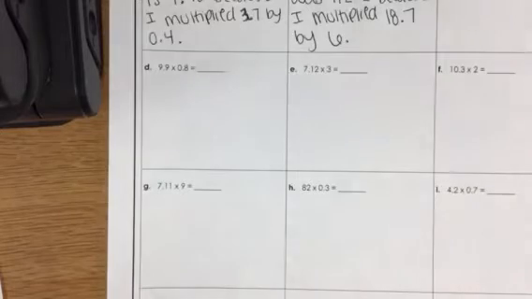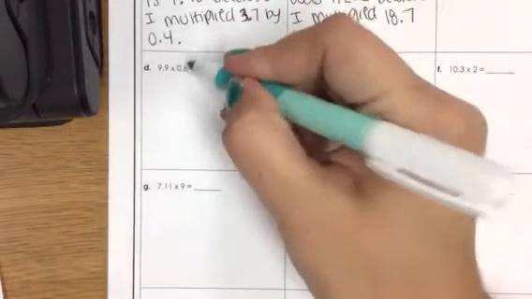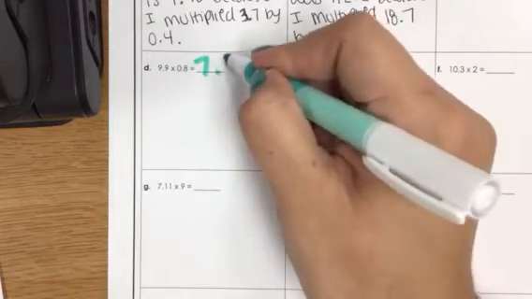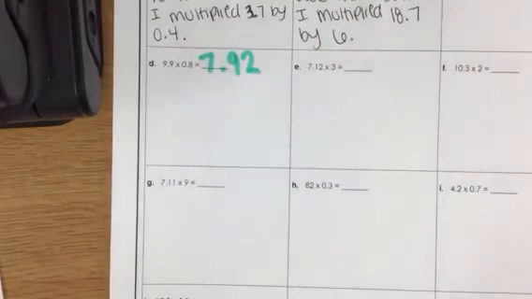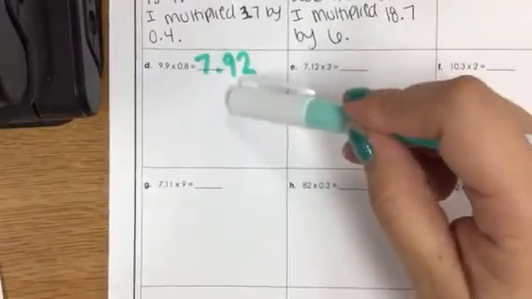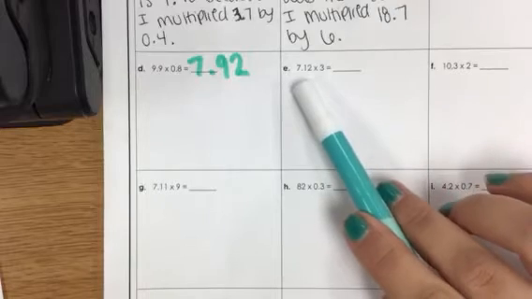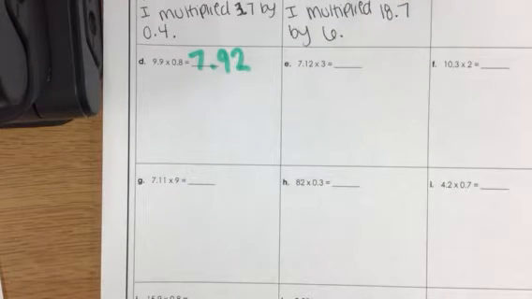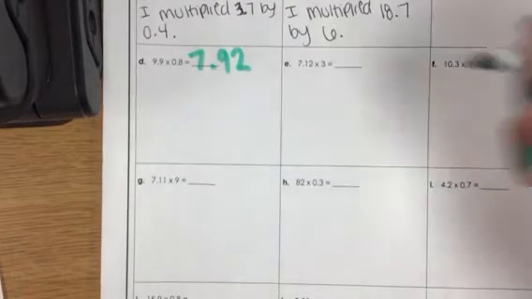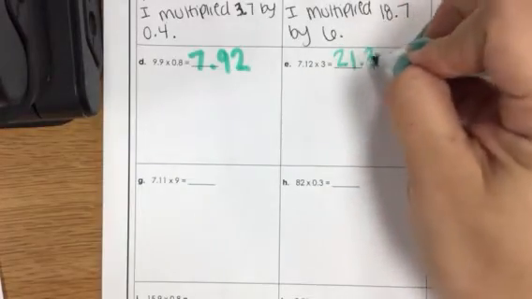Go ahead and do D. All right, your answer should have been 7.92. Go ahead and make sure that you write down your sentence. Go ahead and do E. Your answer should be 21.36.